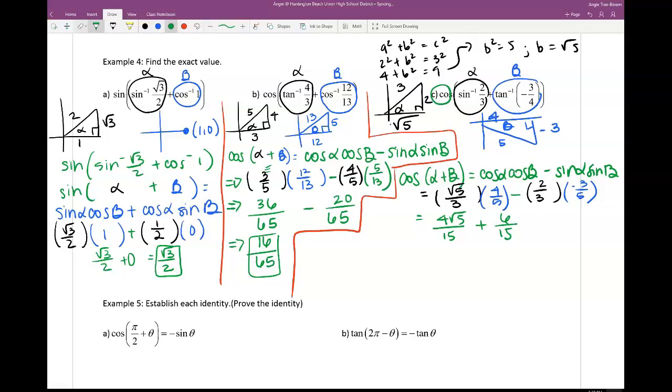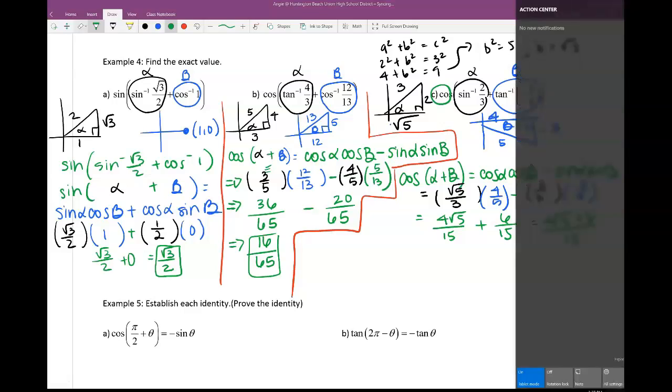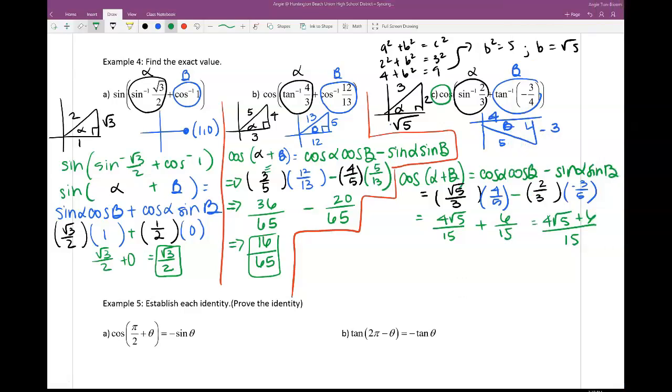So what can we do? Nothing. Am I right on that one? Nothing at all. So just 4 rad 5 plus 6 all over 15. Even if on the top I can factor out the 2, it's not going to help me reduce, so I'm just going to box it up.